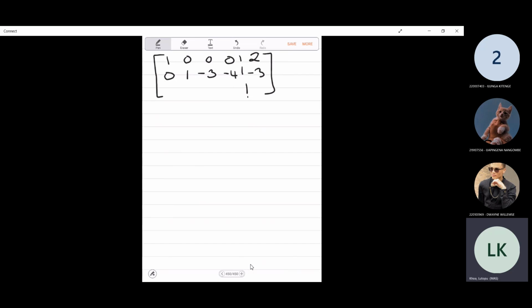Then the third row we divide by 15, so it's 0, 0, 0, 1, and then 12 over 15 is 4 over 5. And then the last one, we said we divide by 8, so we have 0, 0, 1, 5 over 8, then a half over here.